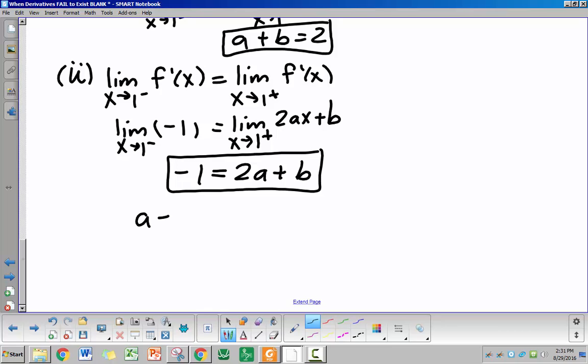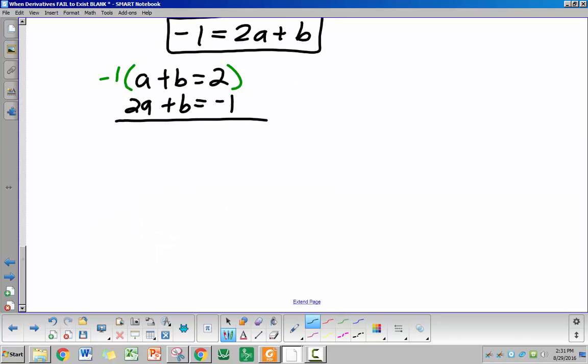So what happens? We get a plus b equals 2, and 2a plus b equals negative 1. I would multiply this top one by negative 1. And what do we get? Negative a minus b equals negative 2, and 2a plus b equals negative 1.